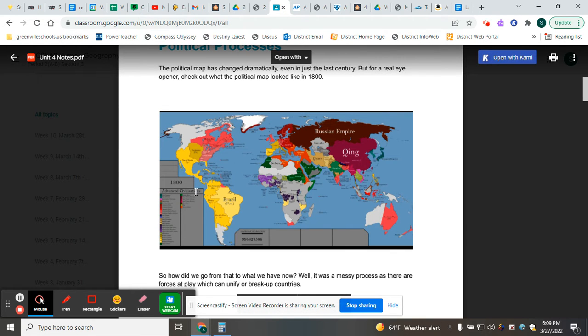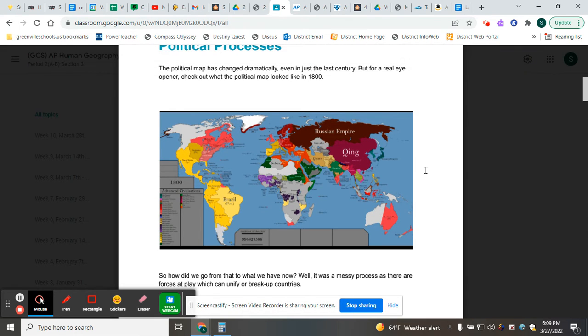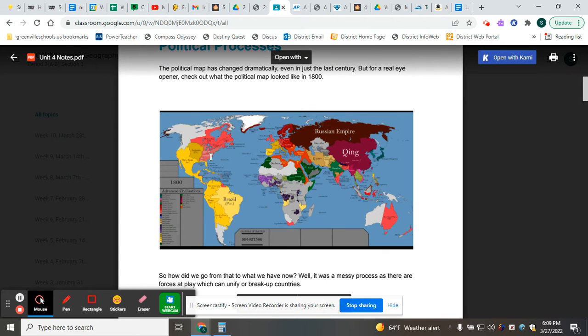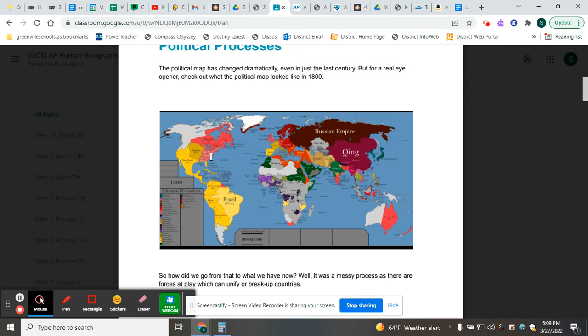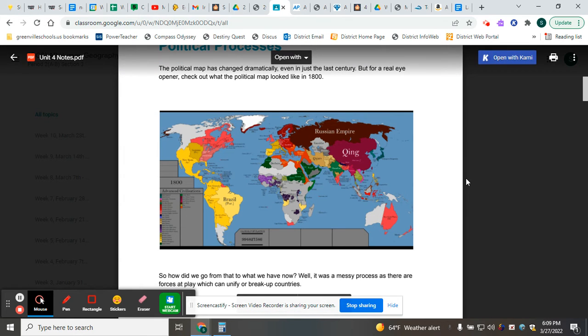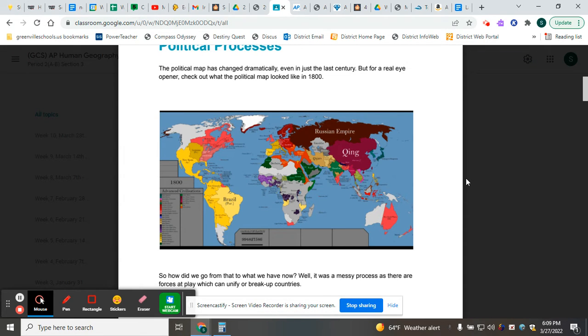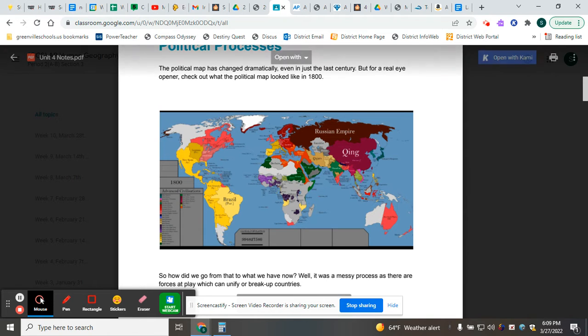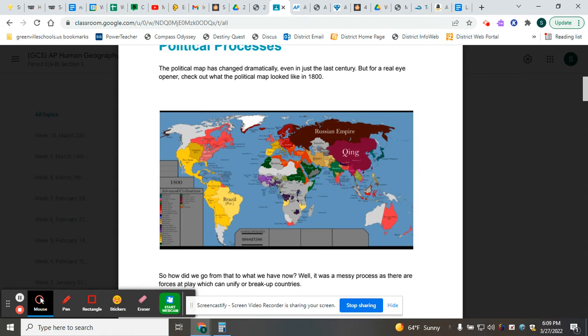Remember, this is going to be before the Louisiana Purchase. If this is an 1800 map, it's before 1803, which means Napoleon in France has not yet sold it to us. And all we were was this chunk of territory east of the Mississippi River, and France and Spain owned the other 2/3 of what is today the U.S. Okay, Spain owned pretty much all of what is today Mexico and Central America.